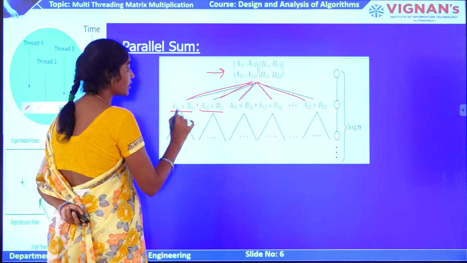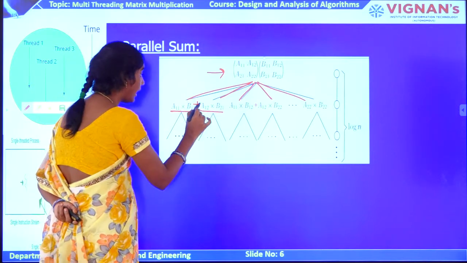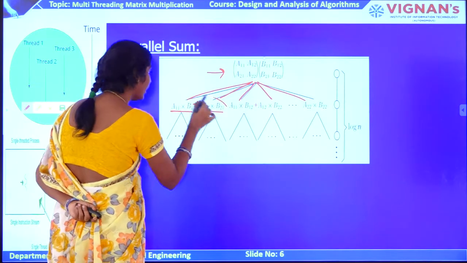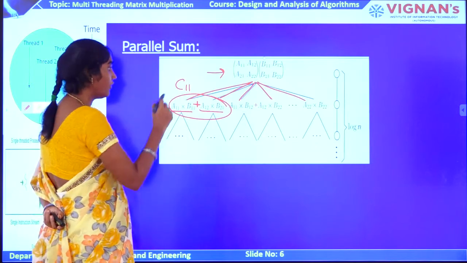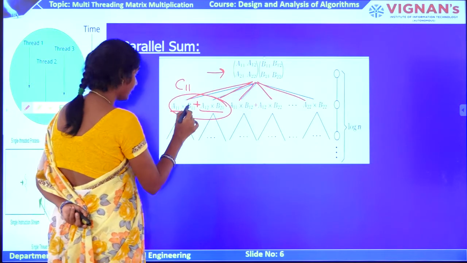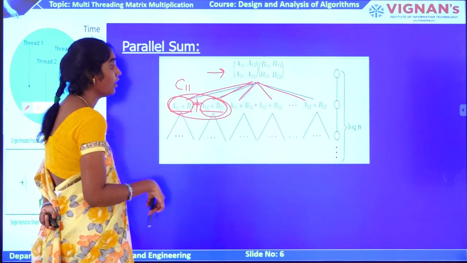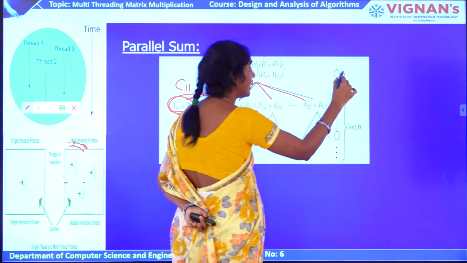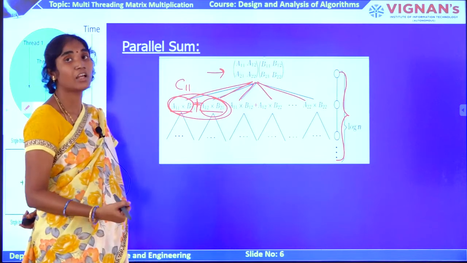After getting these two terms I need to add, then only I will have one term called C11. So multiply this one and add this one. To make all these things I require log n time, whereas previously I required n cube, right.